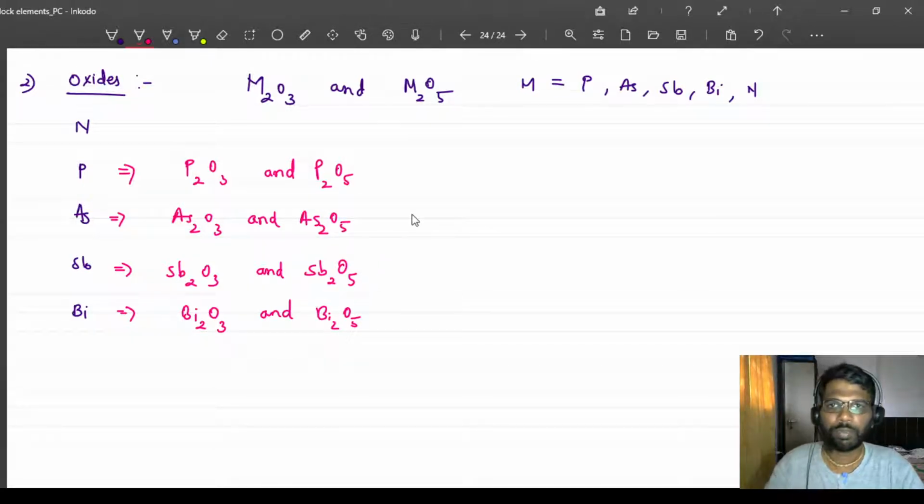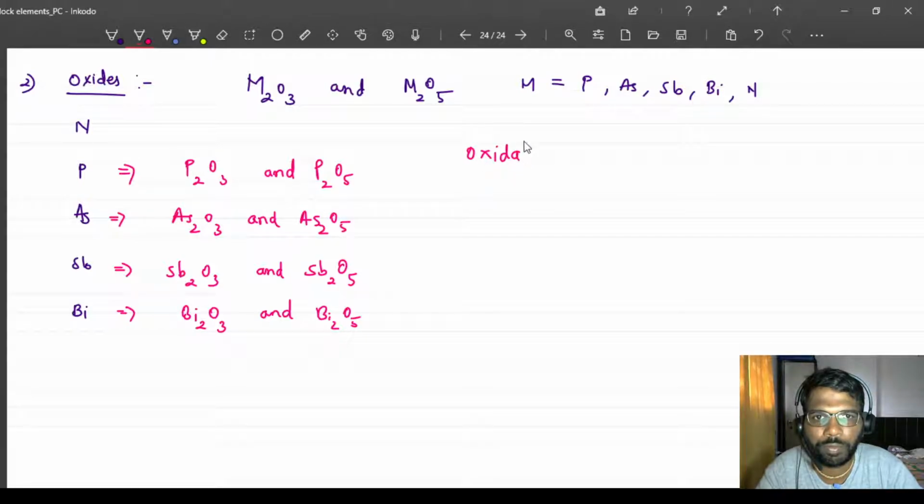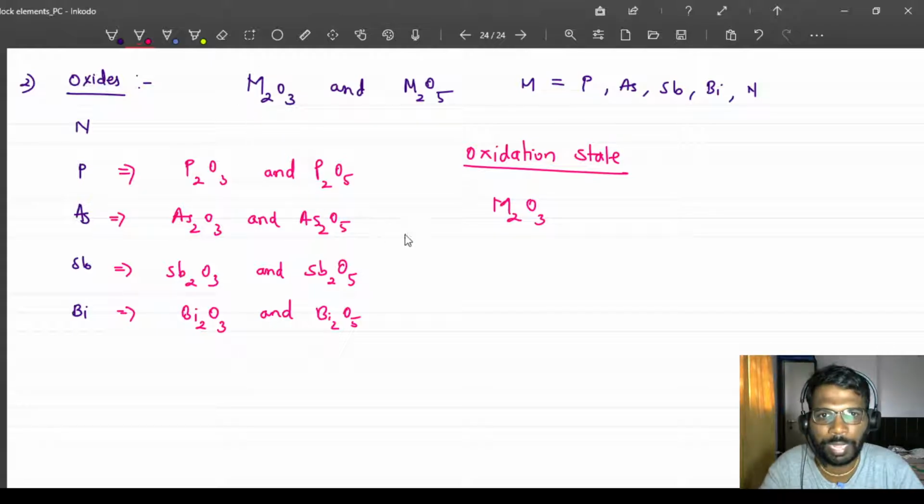Okay. Now the oxidation state of the metal in these oxides. Let's find it first in M2O3. What will be the oxidation state of the metal in this compound, M, that is for phosphorus, arsenic, antimony, and bismuth?